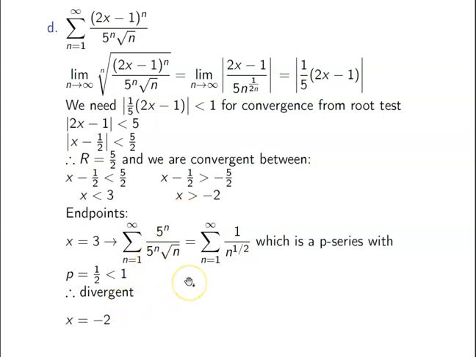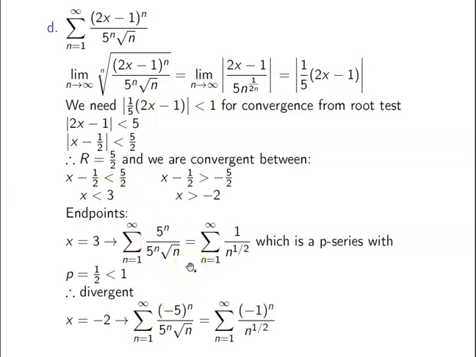So looking at -2, same thing, we're going to take -2 and plug it in everywhere. So this is going to be a -5 to the n. So it turns now into an alternating series, so I can't just cancel it out. Here, the root test would be appropriate. Oh, well, I guess I can't pull out the 5 and cancel that way.